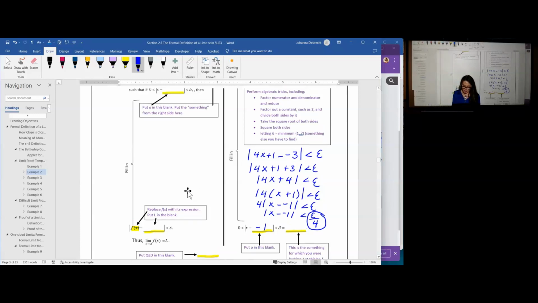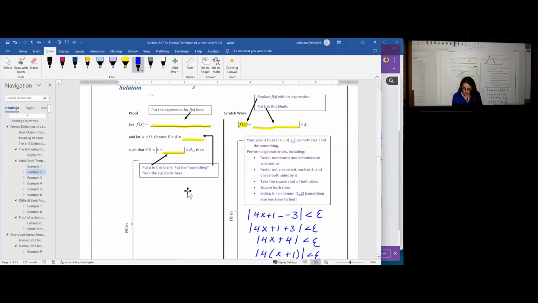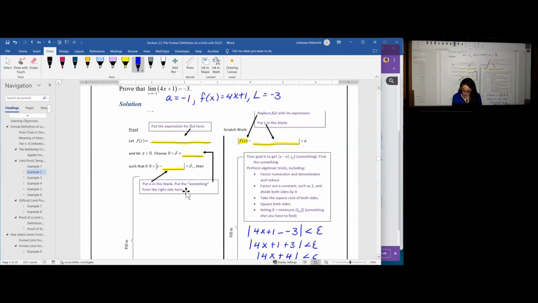Now we're going to write up our formal proof. Let f of x equal 4x plus 1, and let epsilon be positive.